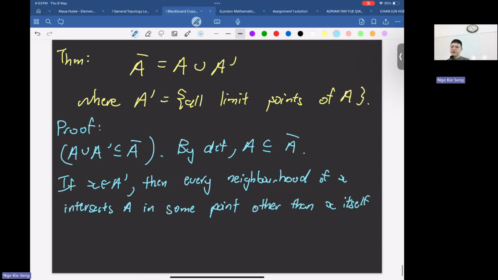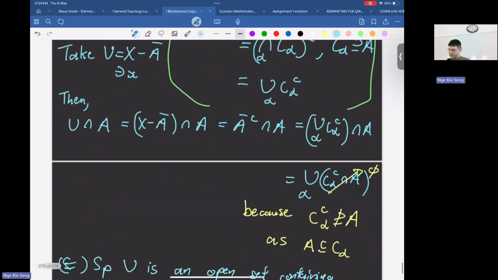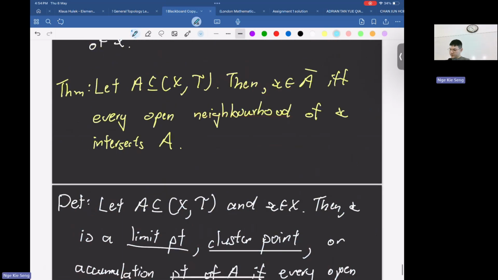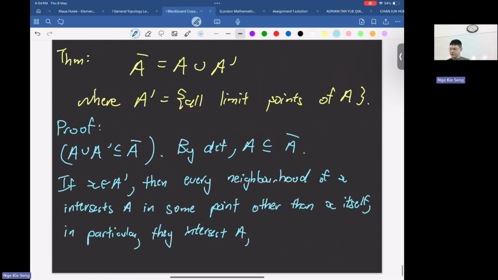In particular, what does it mean? It means they intersect A. But this is the theorem that we proved, right? What's the theorem? If every open neighborhood of x intersects A, then x is in A bar. So by the theorem before, x is in A bar.